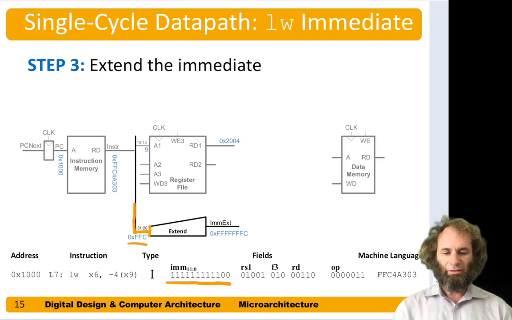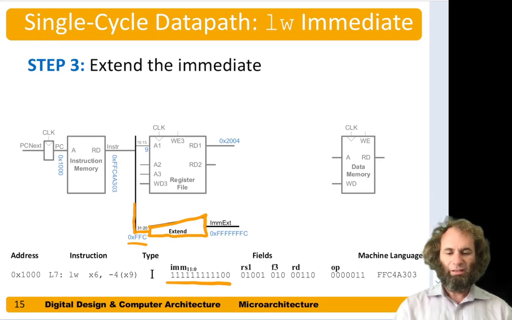So we'll add a new block of hardware called a sign extender that will take in a smaller number of bits and put out a 32-bit word. Let's call that extended value IMMEXT. And so extending FFC to 32 bits is FFFFFFFC. Bunch of leading 1s and then 2 zeros.